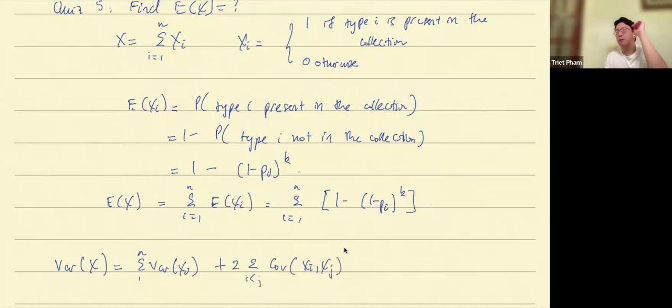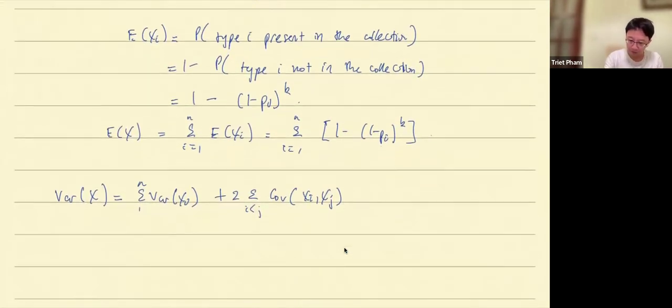So there are two things we need to compute. We need to compute the variance, and we need to compute the covariance. So let's see. Can you compute the variance of the Xi's?